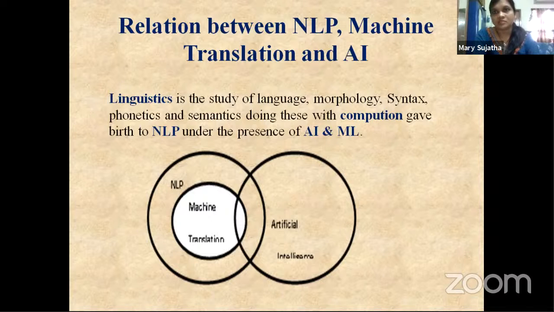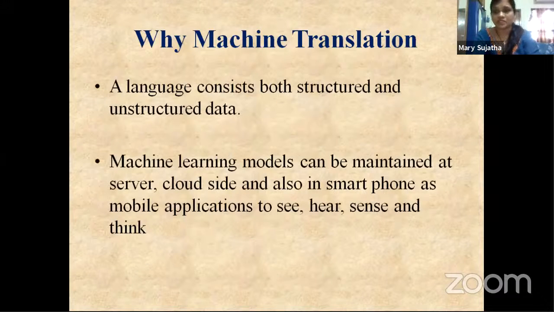There exist many algorithms which are in practice, and with their help the things came into the picture. So the combination of artificial intelligence with machine learning techniques gave birth to natural language processing, such that the process was much more efficient and easier. So why machine translation only?